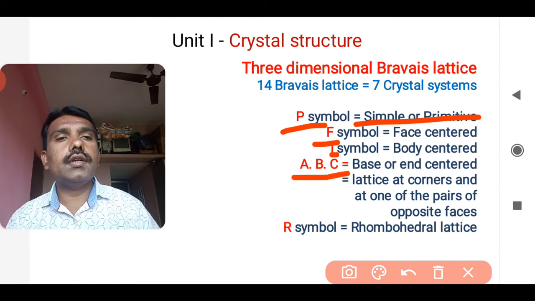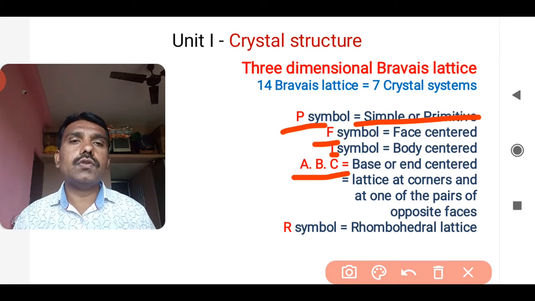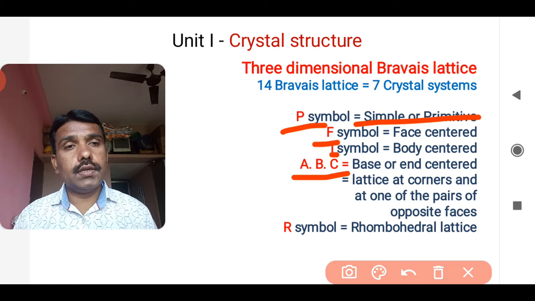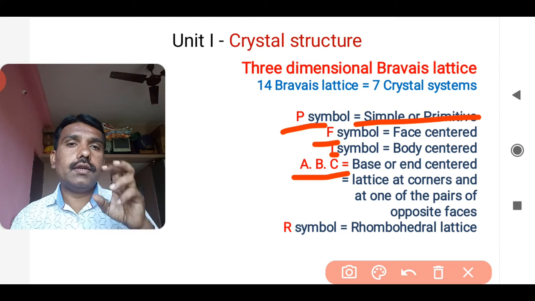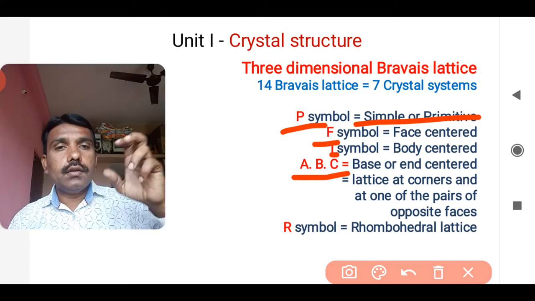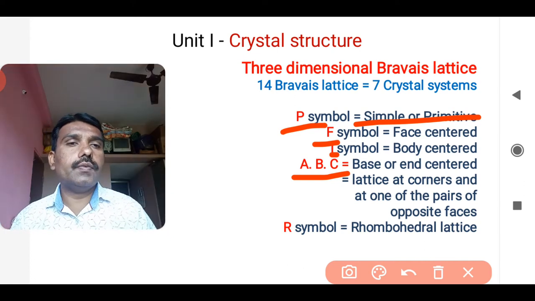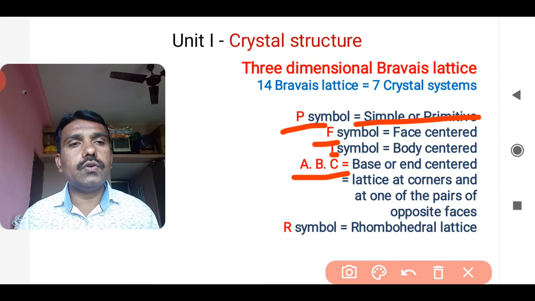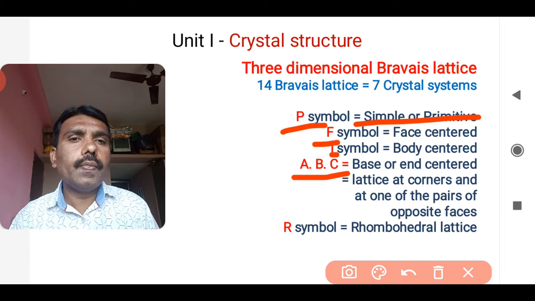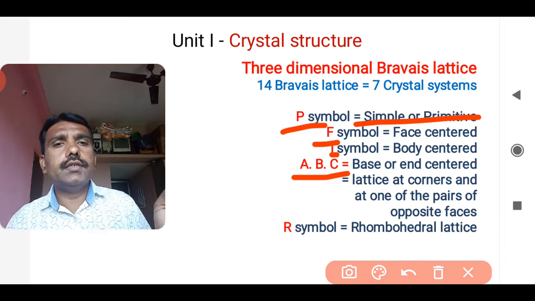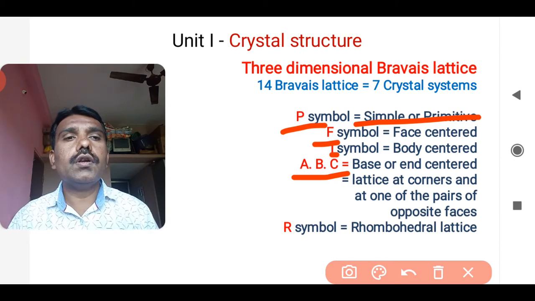A, B, C are three other alphabets or symbols which are used for the base-centered lattices, that is, centered at one end of a pair of opposite faces, either top-bottom, front-back, or left-right. And the R symbol is used for rhombohedral lattices.